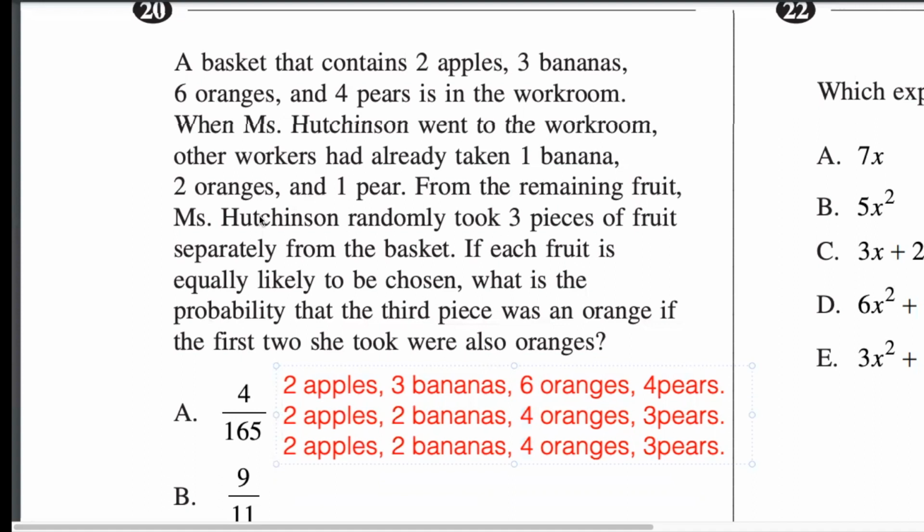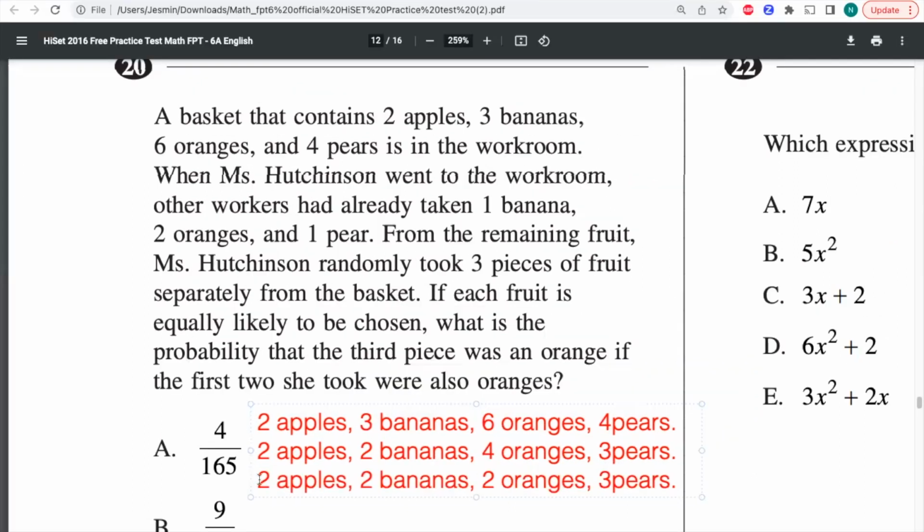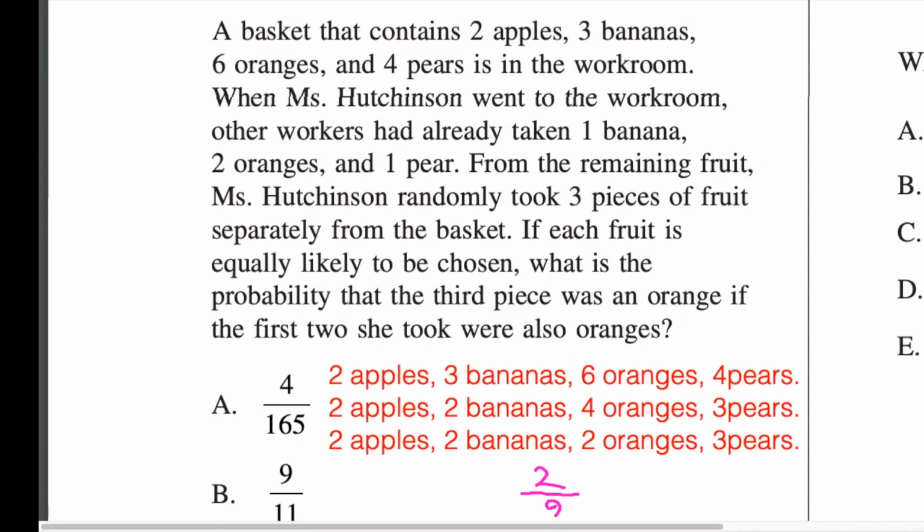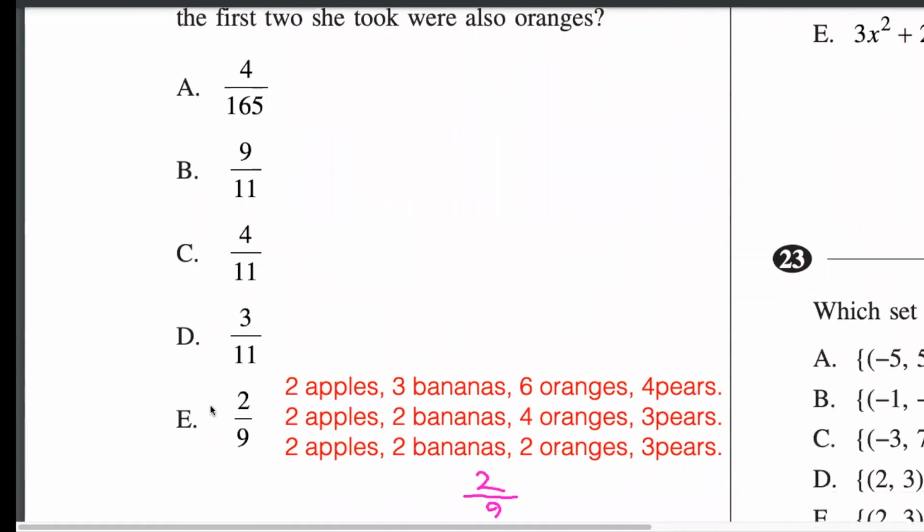So after Miss Hutchinson took 2 oranges, there are now 2 oranges left. So if you add all these fruits, 2 plus 2 is 4, plus 2 is 6, plus 3 is 9, and there are only 2 oranges, so the probability of getting an orange is 2 over 9. So let's look at the answer options. If there is 2 over 9, oh yes, the last one, E, is the right answer.